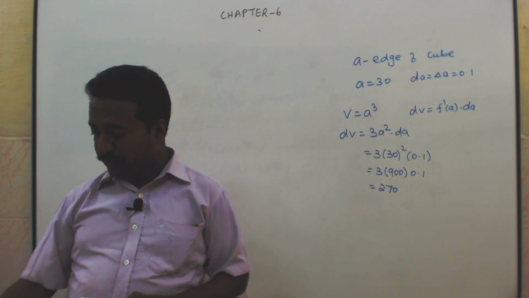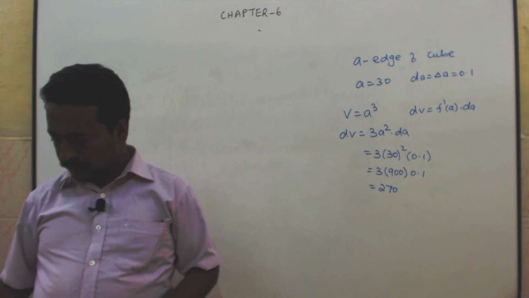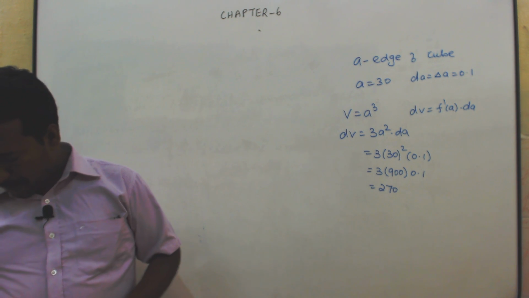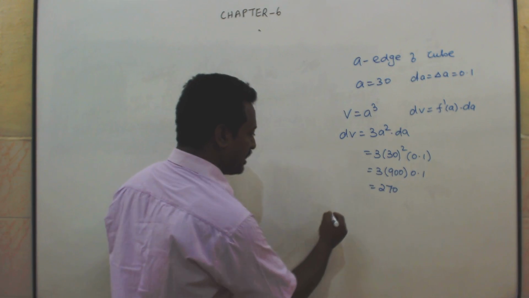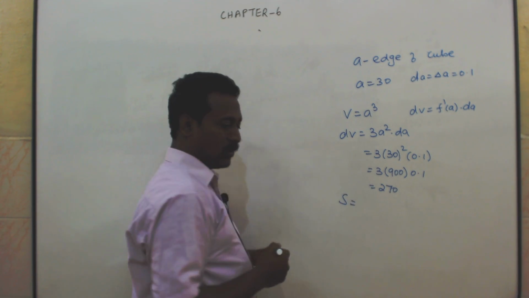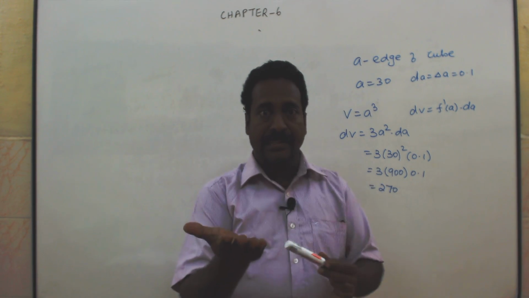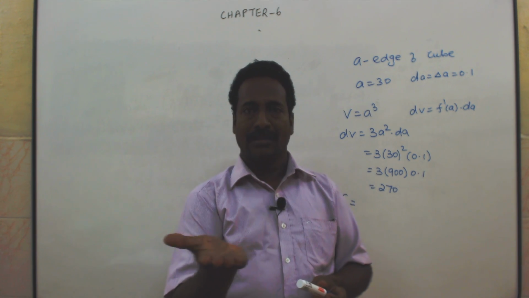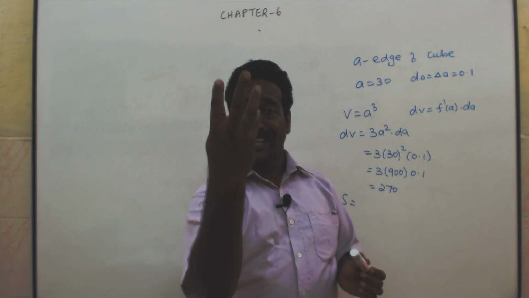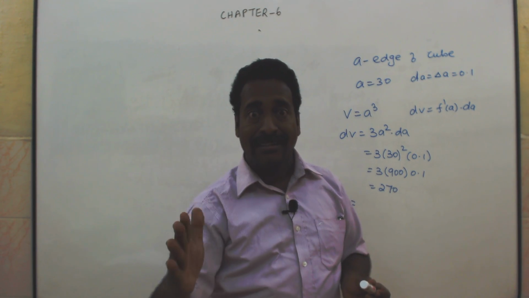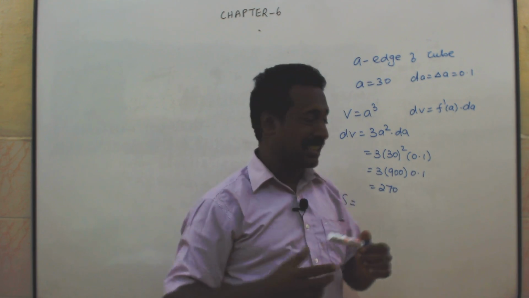The second part of the problem, the surface area of the cube. What is the surface area of a cube? S is equal to, a cube has how many sides? 1, top, bottom, side 4 walls, 6. All the length, breadth, height are the same.